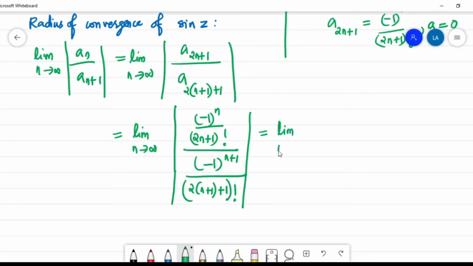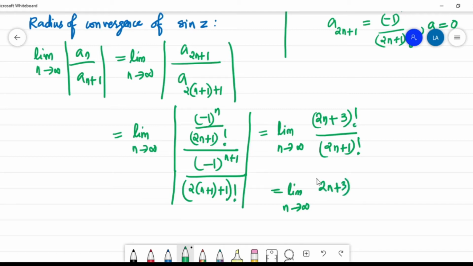So, we are having limit n tends to infinity 2n plus 2 plus 1. So, 2n plus 3 the whole factorial divided by 2n plus 1 the whole factorial, that is equal to limit n tends to infinity, we will have 2n plus 3 into 2n plus 2, and we are having 2n plus 1 factorial in the numerator divided by 2n plus 1 the whole factorial, those they cancel out, and this will definitely tend to infinity, the limit is existing.